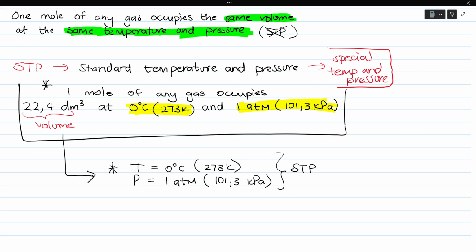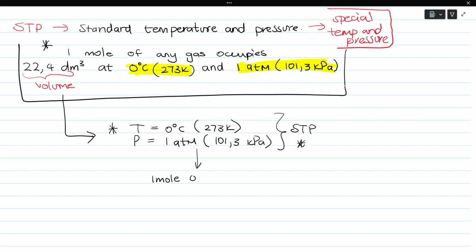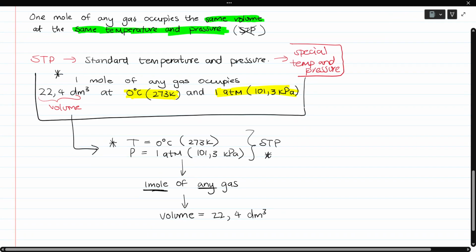Temperature is 0, pressure is 1 atmospheric pressure. Special condition. If you have these conditions, what you can conclude is that always 1 mole of any gas, it doesn't have to be a specific gas, it can be any gas, but it has to be 1 mole, is going to have a volume equal to 22.4 decimeters cubed. This is what the law is telling us.